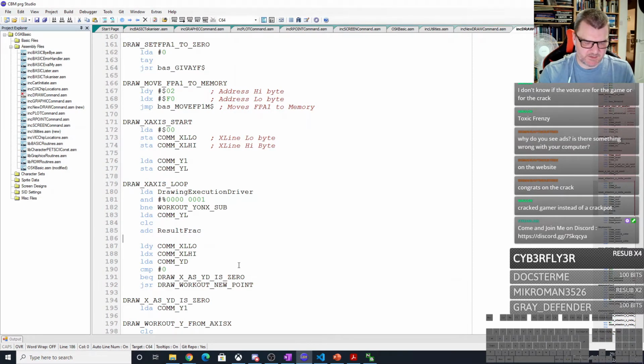Let's just try and work this out. The only time that this would fail is if it's on a 45-degree angle, where Y is adding 1 pixel as well as the X. So what we need to do is we need to prime this carry.